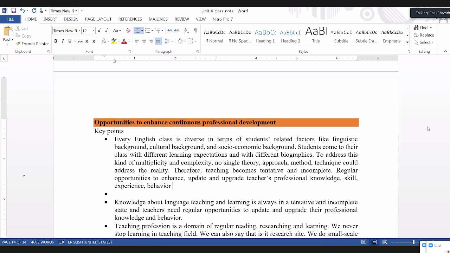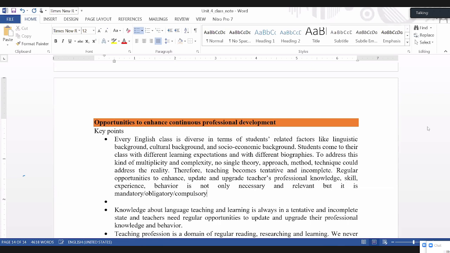What is this? Regular opportunities to enhance, update, and upgrade teachers' professional knowledge, skill, experience, and behavior are not only necessary and relevant, but mandatory. Compulsory or mandatory. This is obligatory or compulsory. What do you say?